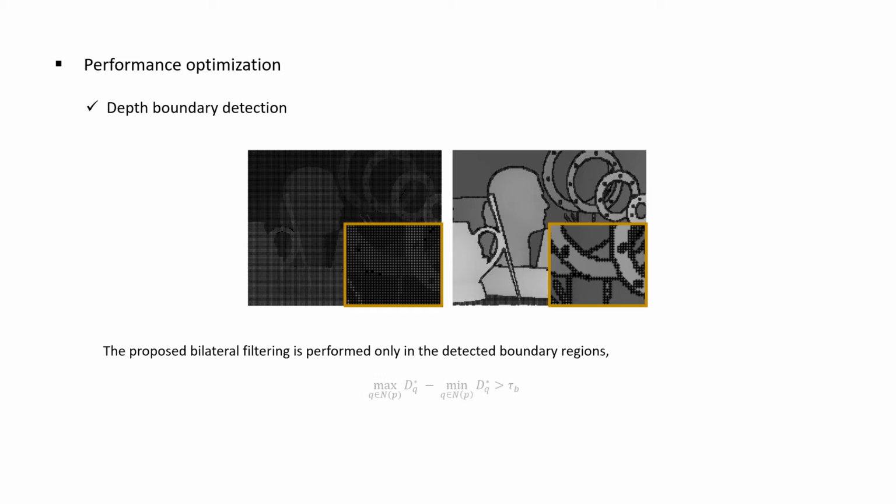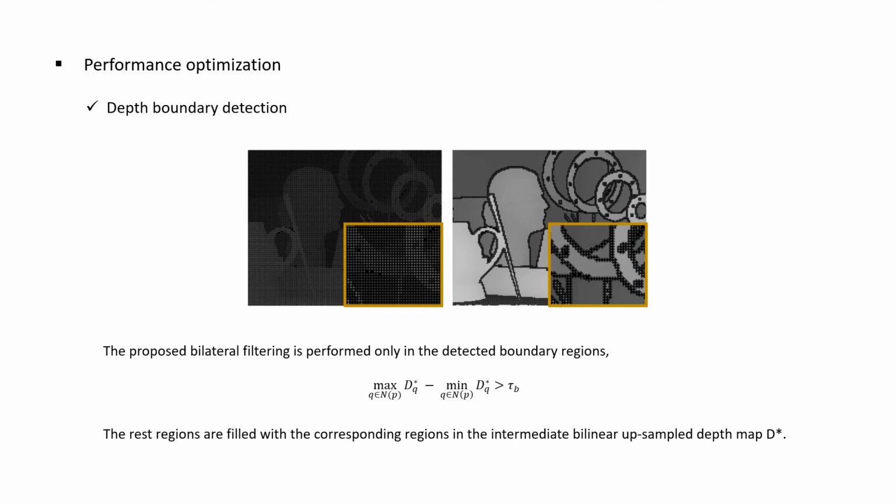In an intermediate bilinear upsampled depth map D star, a pixel P will be treated as a boundary point if the depth range within this window NP is larger than a threshold. The rest of the regions are filled with the corresponding regions in the intermediate upsampled depth map D star. That is, we accelerate the program by reducing the number of interpolating operations.